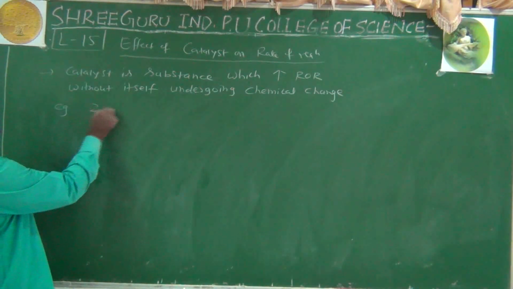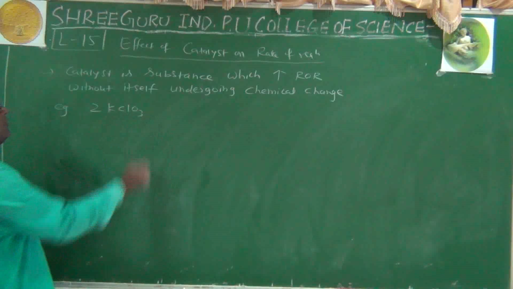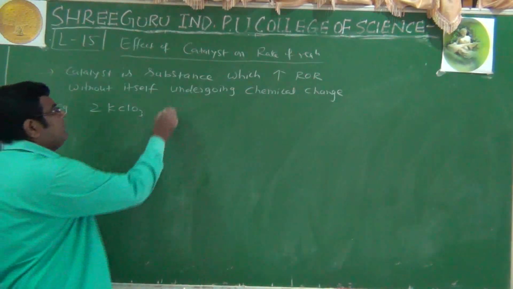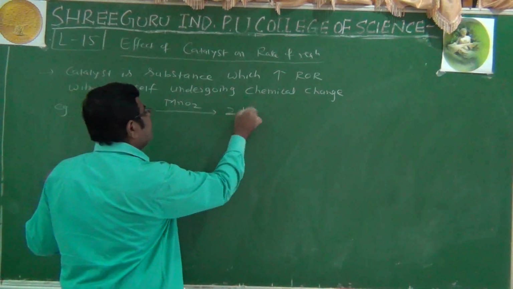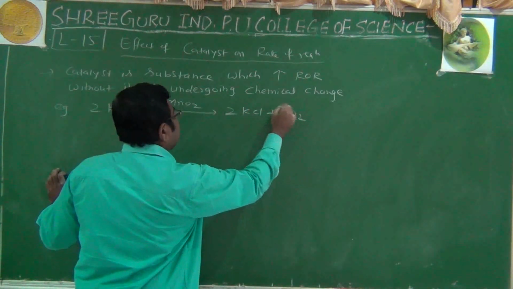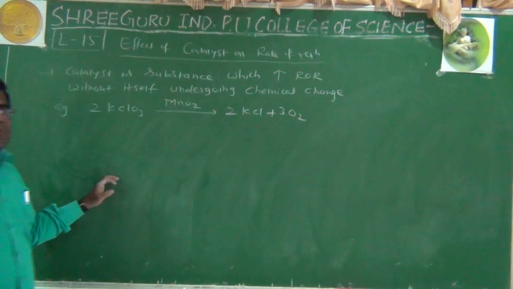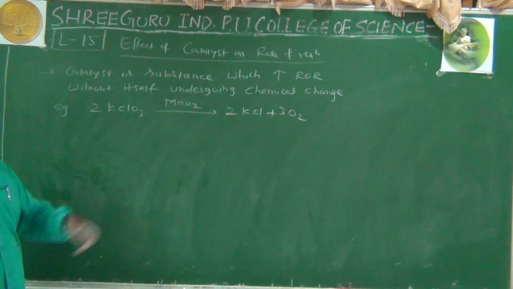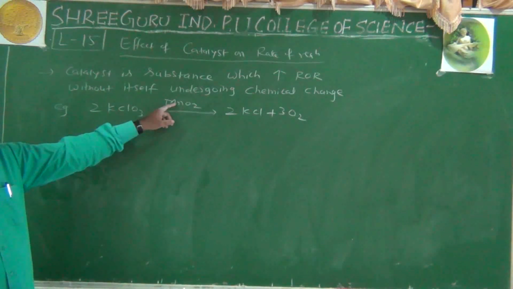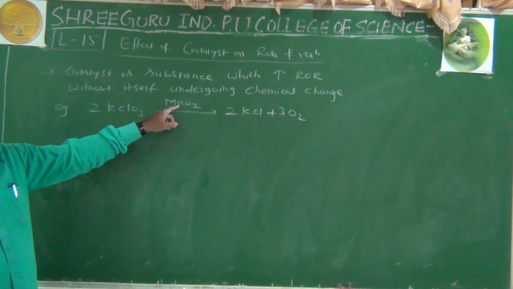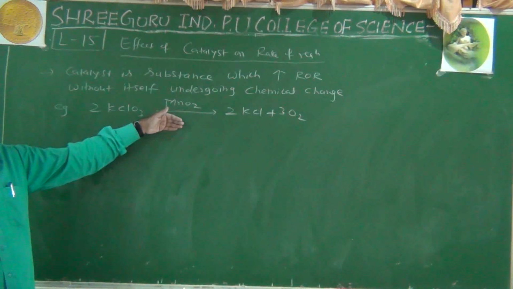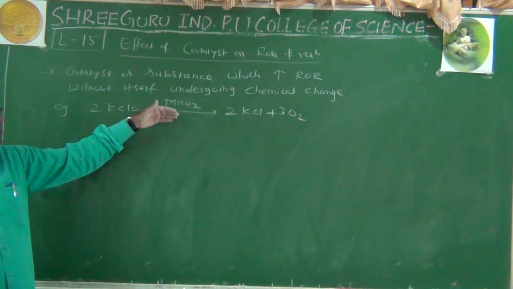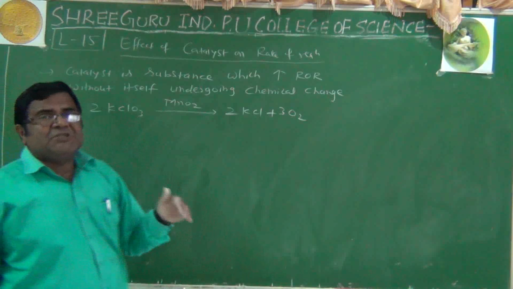Example is 2 moles of potassium chlorate. Manganese dioxide is the catalyst used, and we get the decomposition products, potassium chloride and oxygen. When we use this catalyst, the rate of reaction is increased, the reaction is accelerated, and we can carry out this reaction at lower temperature.